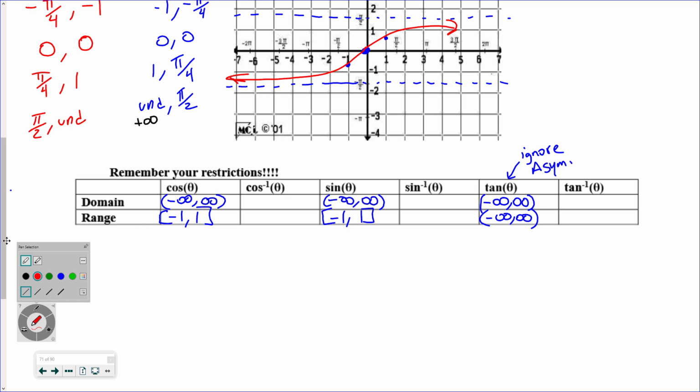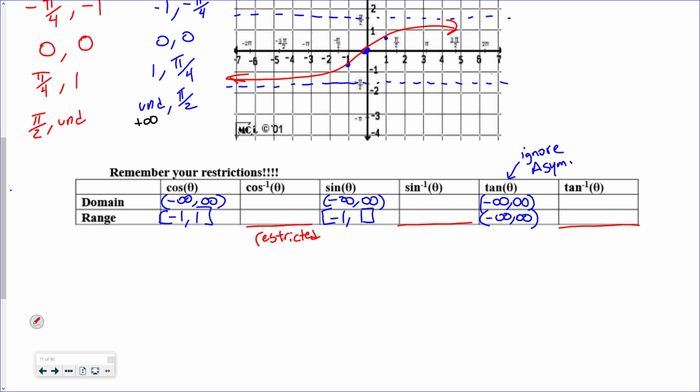Now, these are going to be the reverse, but these are also restricted. I'm just going to note the ones that are in red have restrictions. Restrictions just mean we've trimmed them down. So while yes, we are switching the domain and range, these have been restricted, so they have a limited amount of space.